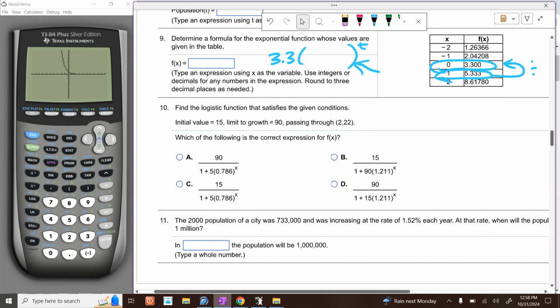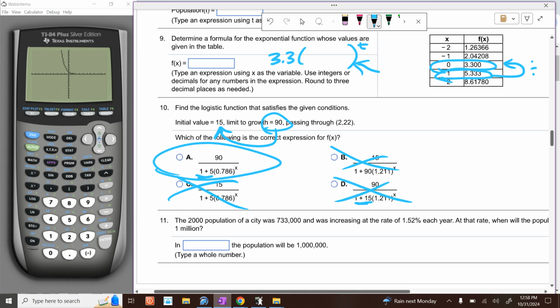Okay? The limit to growth is 90. So you know it's either A or D. 90 divided by what is 15? 6. So you need it where it's 6. This one's 16. That doesn't work. So it's this one.